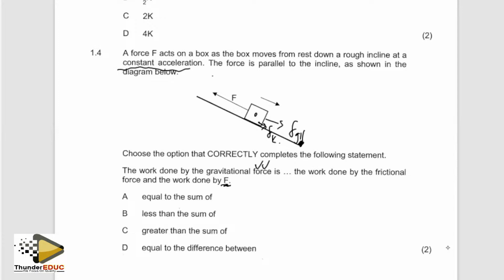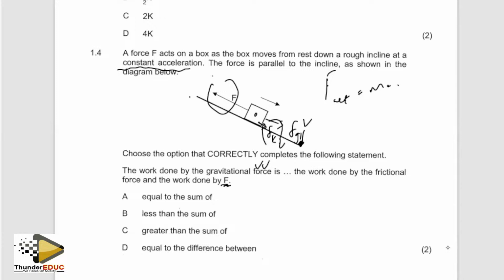We know that F applied is greater, since the object is moving upwards, which means it is a combination of the work done by the gravitational as well as the frictional force. It should be summed up if we look at F net being equal to ma.